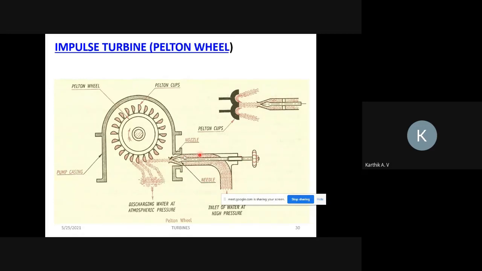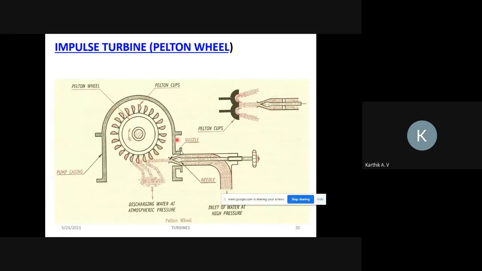Then high pressurized water comes out from the nozzle and hits the turbine blade, and the blade starts rotating. So further it increases the speed. Pressure increases means the speed of this runner blade also increases.